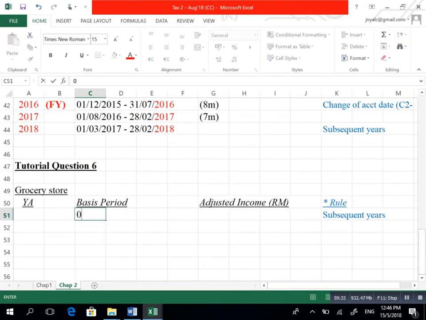The adjusted income, no changes, 6,008 also. Subsequently come to 2017, is it now you change? So this is a filler year.